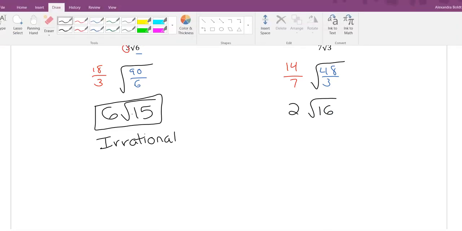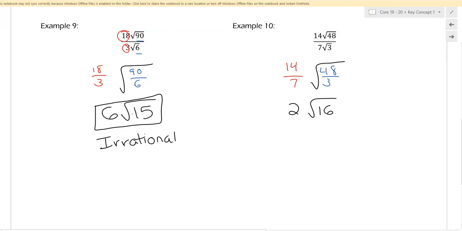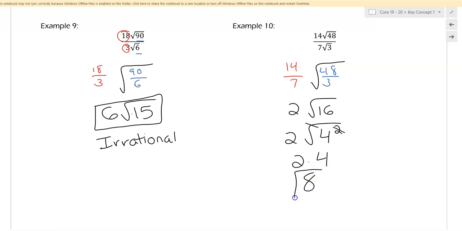Now I want to check. This one does simplify. 16 is in my list of perfect squares. 16 is 4 squared. My square and my square root cancel out. I'm left with just 4, and 2 times 4 is 8. So that one is rational.